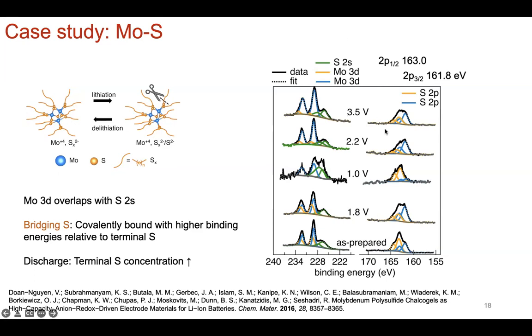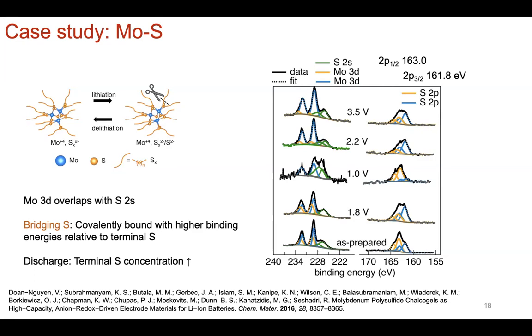But the binding energy could still change depending on whether or not the sulfur species are the bridging sulfur or the terminal sulfur, which would be at the end. Right? Because the sulfurs in the middle of the chain, so these bridging sulfurs, are covalently bonded, and thus they would have higher binding energy.